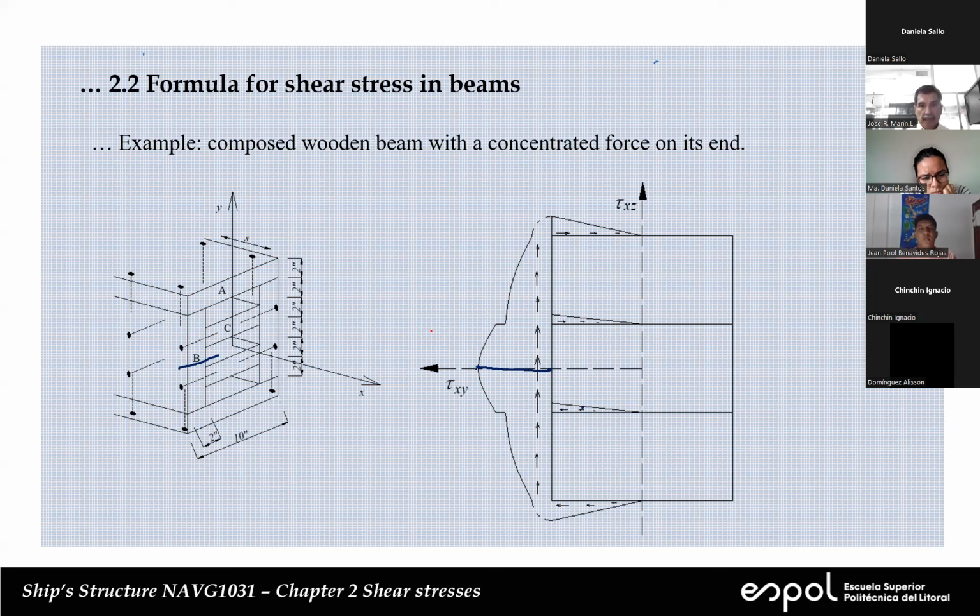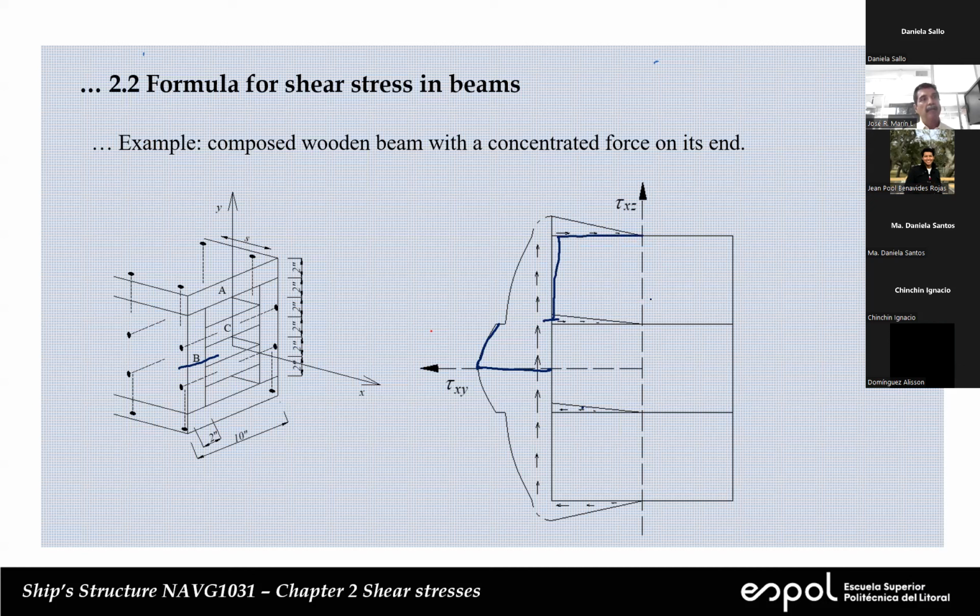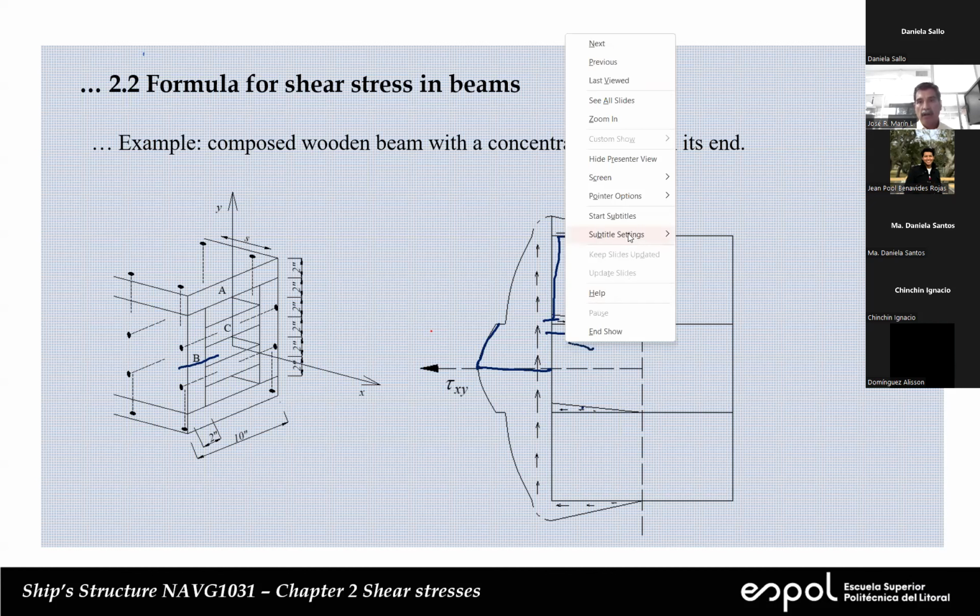And then we go, you see that this is a quadratic distribution. So that depends on minus y squared, right? Here, we have a jump. Why? Because if we make a cut here, we include this area and this area. If we make a cut here, let me change color.